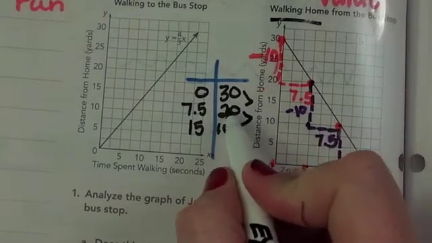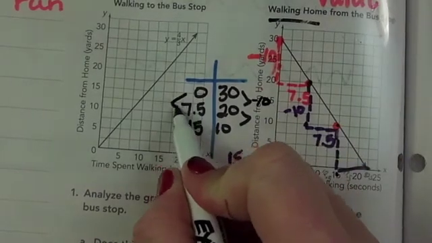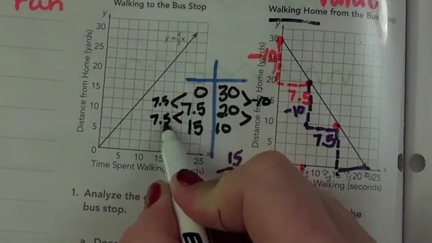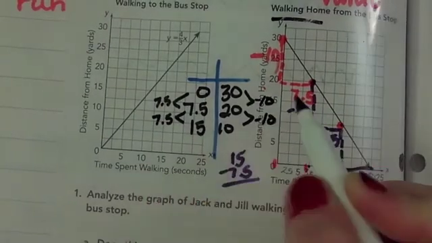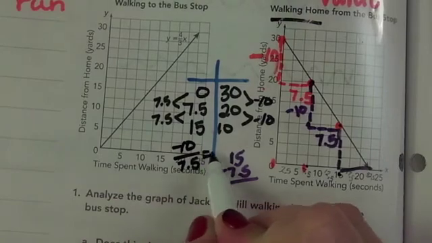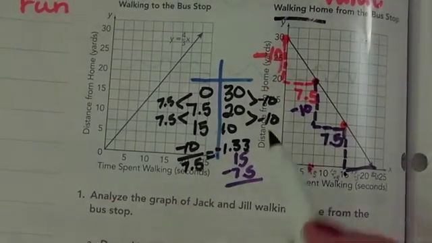And you could just find out how much it's changing by. 30 to 20 is down by 10. 0 to 7.5 is 7.5. This is 7.5 as well. And down 10. And you would again set it up negative 10 over 7.5. So negative 1.33 is what we found over on the other page.